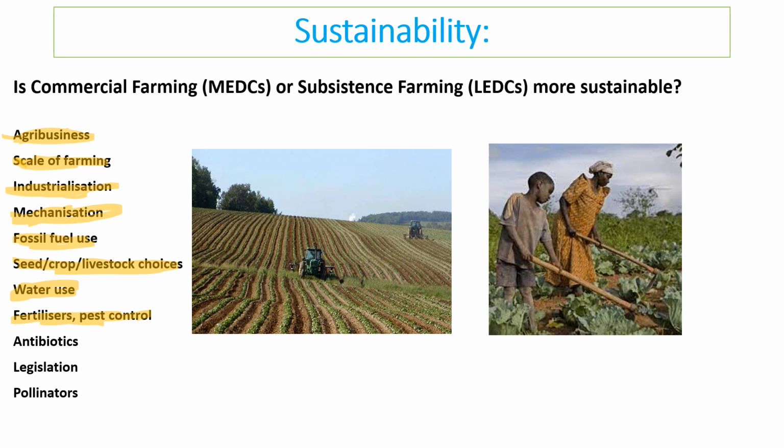Subsistence farming is more likely to use rotation of crops, but they may still use some chemicals as well. Antibiotics are used in commercial farming, particularly with livestock breeding. They tend to be used less, and not at all in subsistence farming, where animals are free and more spread out.